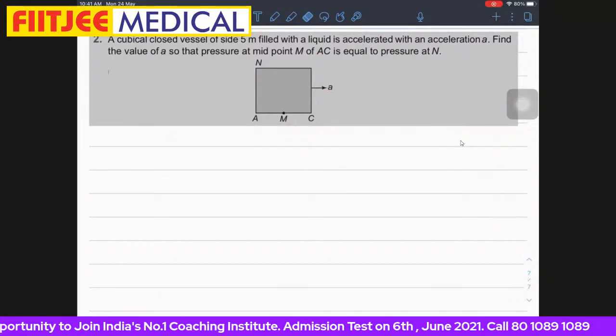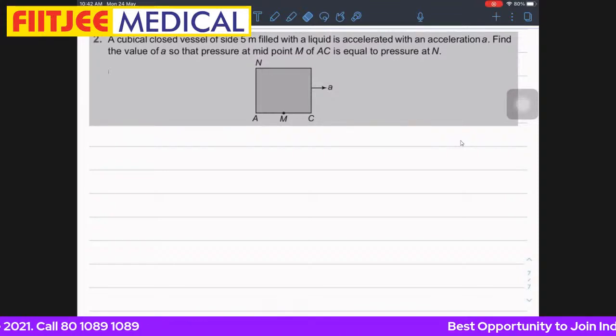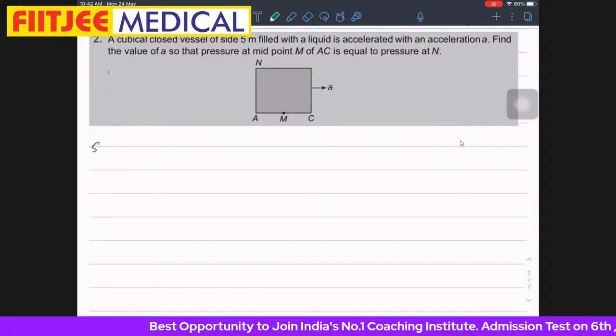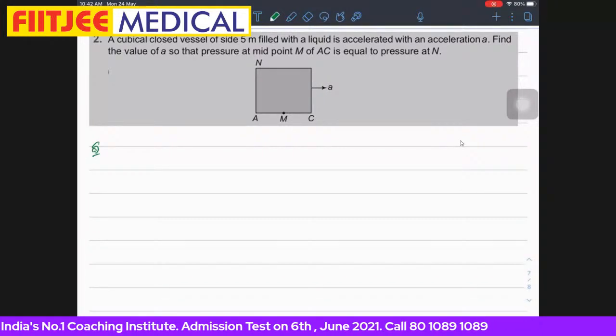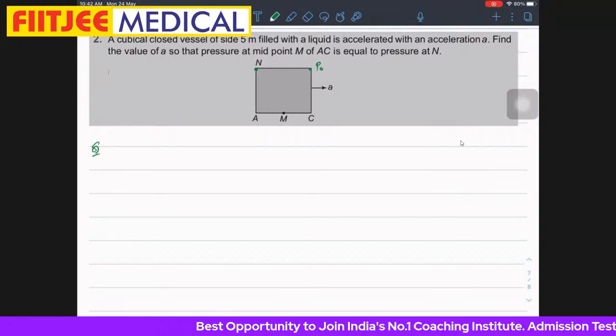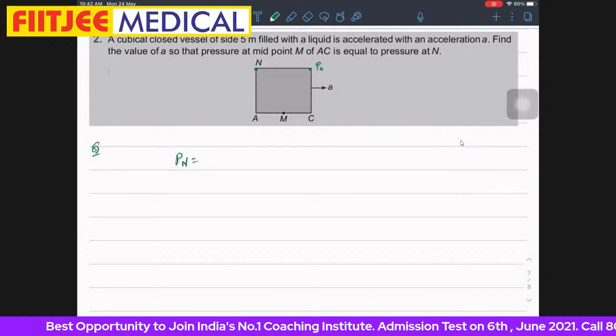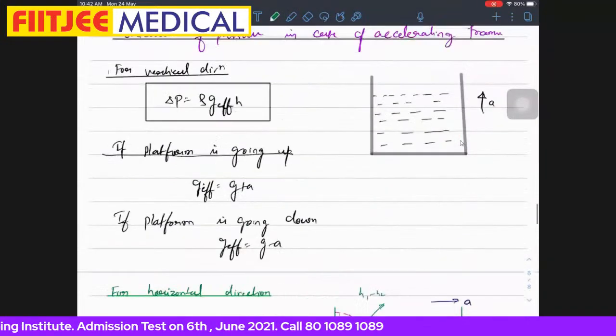Find the value of a so that the pressure at midpoint M of AC is equal to the pressure at N. So this vessel is closed and filled with liquid, accelerated with acceleration a. Suppose the pressure at this corner is P naught. So the pressure at N, what I can write, P naught plus rho g. You have seen this in the horizontal direction. What do we write for the pressure in the horizontal direction?